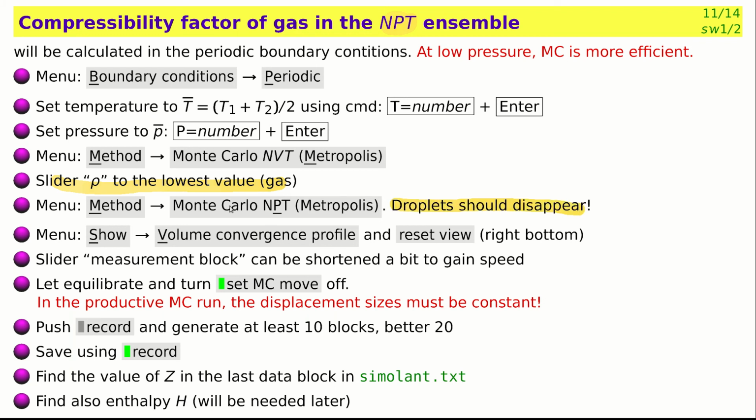Then we switch to NPT using the method, and any even tiny droplets would disappear, so we are simulating gas. After several steps and several blocks calculated, we save again using a record and find the data in this file.